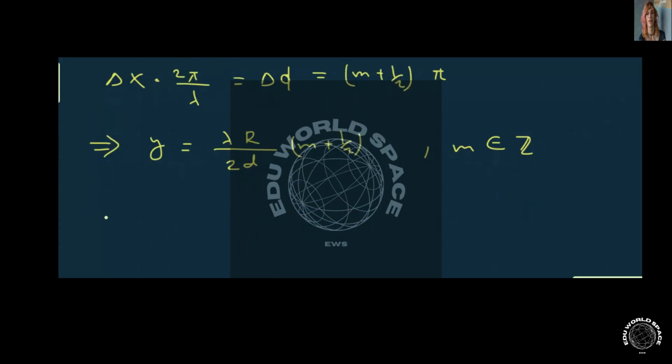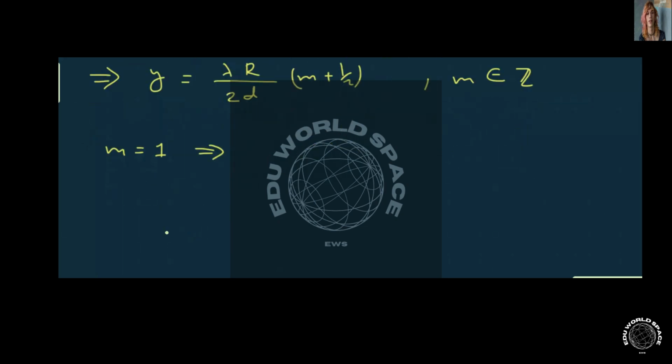So now we let m be equal to 1. So now y is equal to lambda, which is 650 times 10 power negative 9, times r, which is 1, divided by 2 times d, which is 0.2 times 10 power negative 3, times (m plus half), which is 3 halves.